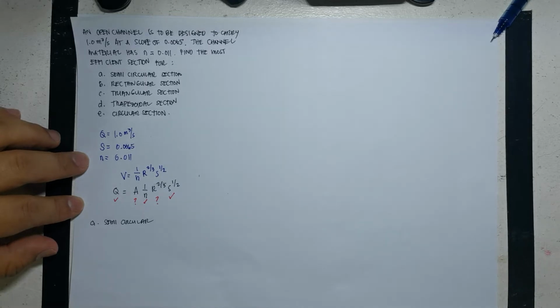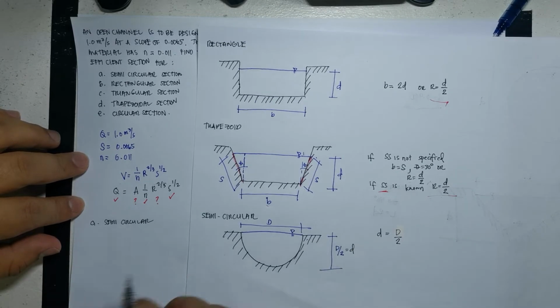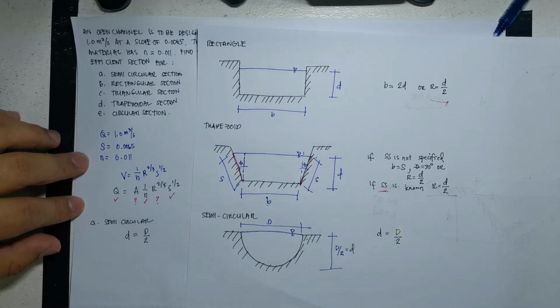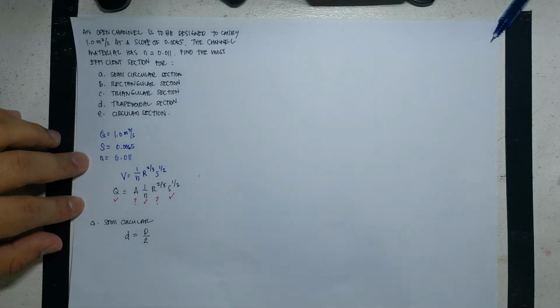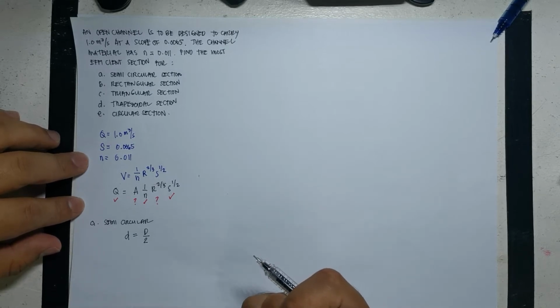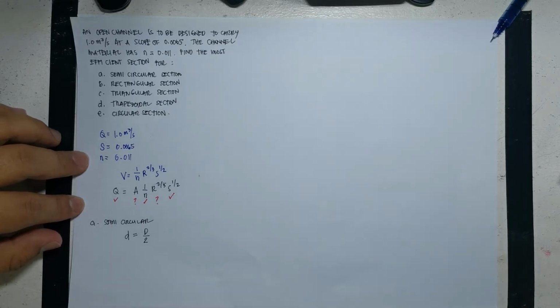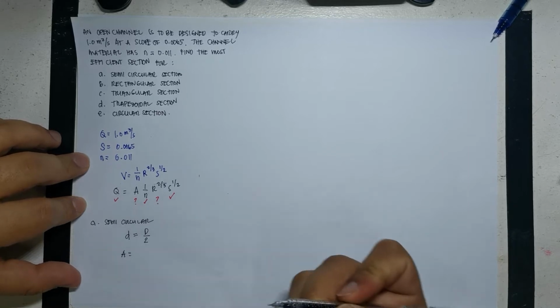So as we have discussed kanina, for the most efficient section na semicircular, kailangan yung depth of flow will have to be 1/2 of the diameter, or ibig sabihin puno. Okay, so paano natin yan gagawin ngayon? So we will have to compute for the area in terms of the diameter.